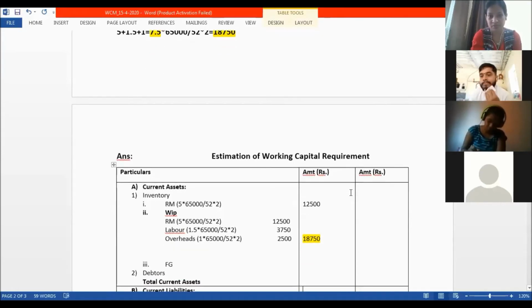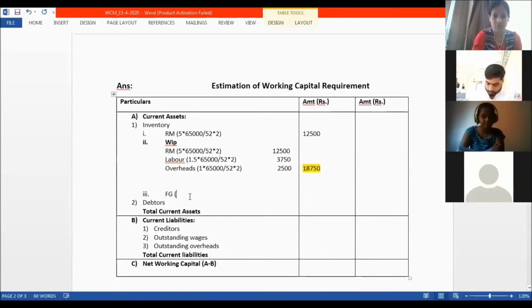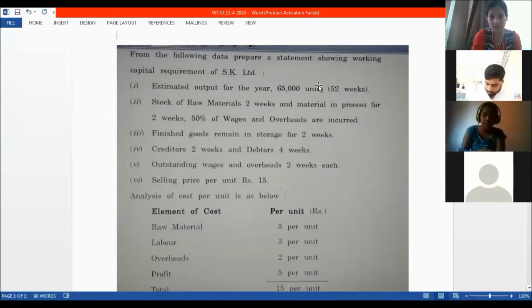Okay. Now next, for finished goods, you have to take the cost of production or total cost. Now just check out total cost. 5 rupees is the raw material cost, 3 rupees labor cost, and then 2 rupees is the overhead cost. Okay, just understand this completion stage, whatever is given, this one, is only to be taken for WIP, not for anything else, right?